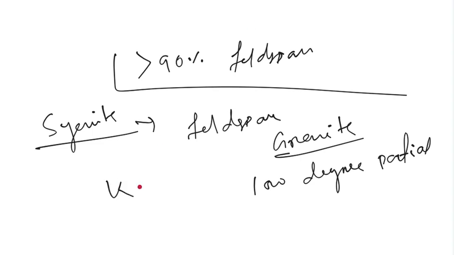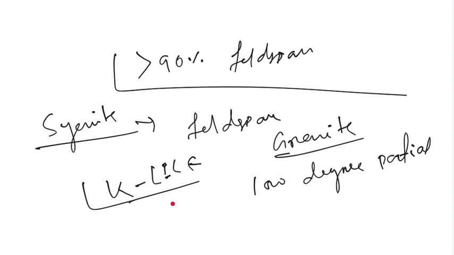So basically potassium is LILE, a large ion lithophile element, so it is incompatible in the solid. So when a low degree of partial melting occurs, this will come to the liquid phase. So this will be enriched in the liquid phase instantly when partial melting starts.